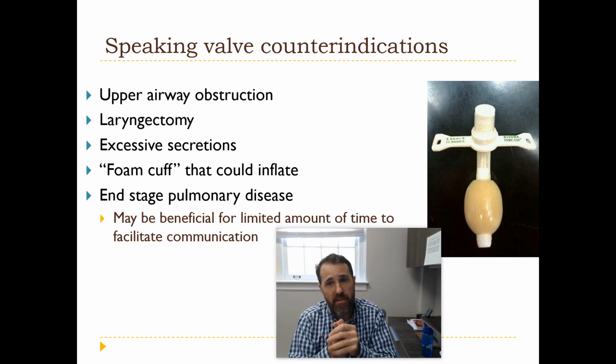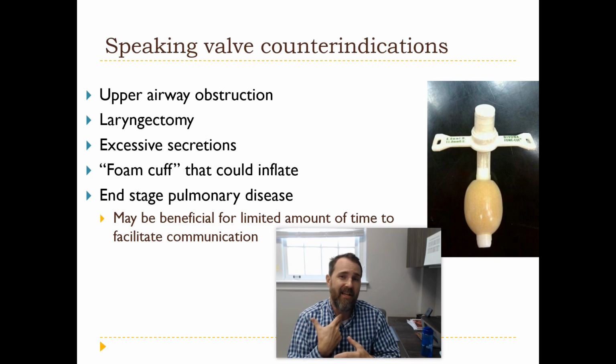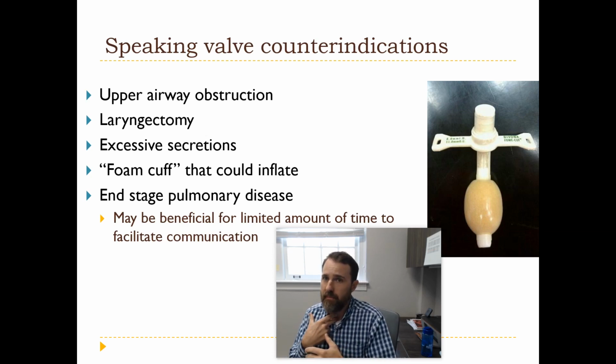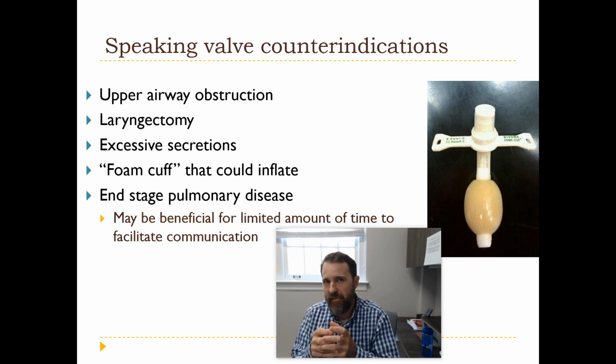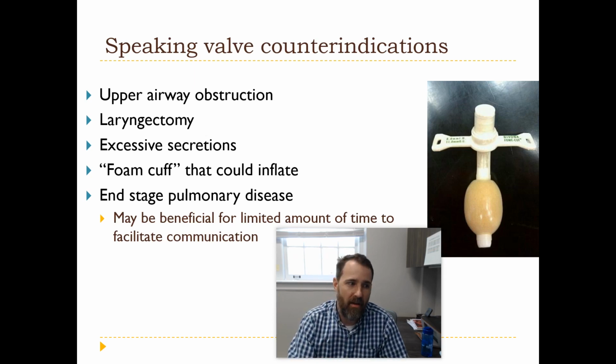But let's say that vacuum seal is broken on their foam cuff, and suddenly you have a patient that has a speaking valve placed that they can only breathe air into, and now with the vacuum seal on that foam cuff broken, it starts to inflate. And it will seal off their expiratory pathway because they can't expire through the speaking valve. And when that thing inflates by accident, perhaps, they're not going to be able to expire past the cuff.